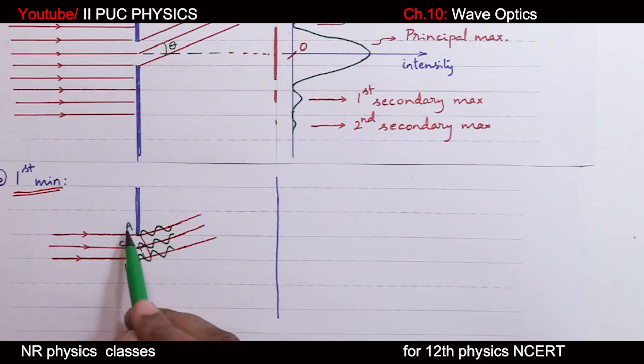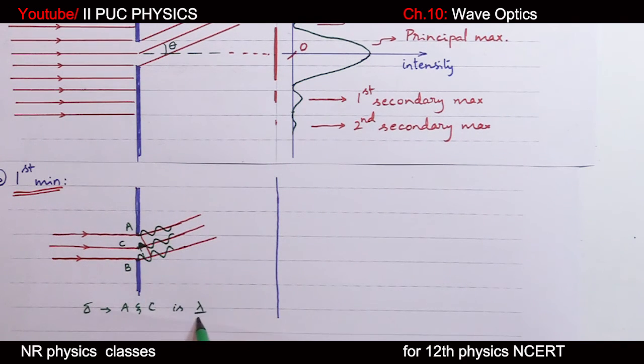Observe, path difference between A and C means this wave. You can see half a wave. So path difference between A and C is half a wave, lambda by 2. This is for destructive interference. Path difference between C and B, next shaded portion, is lambda by 2. Again, lambda by 2 is for destructive interference.